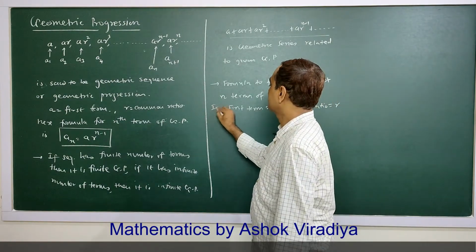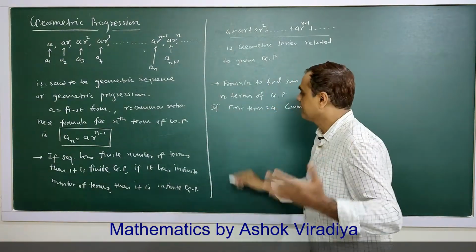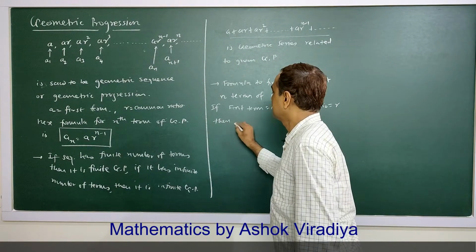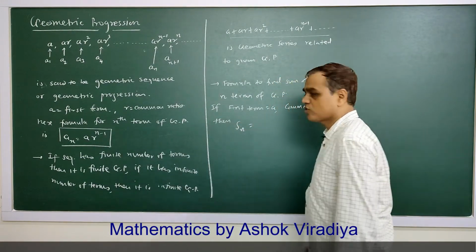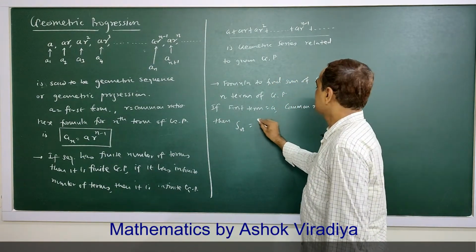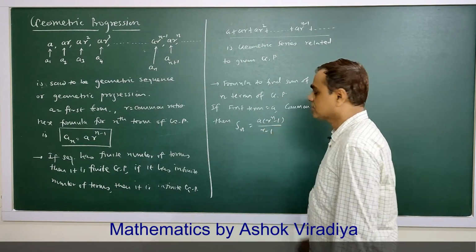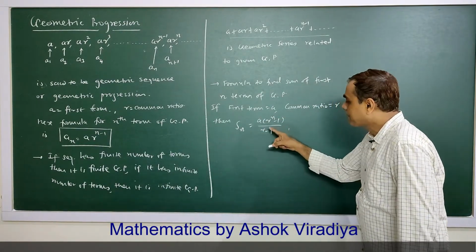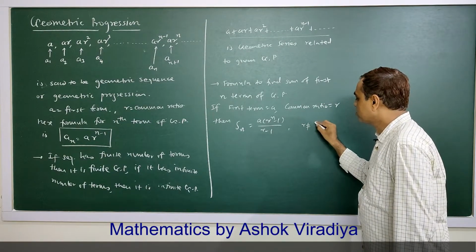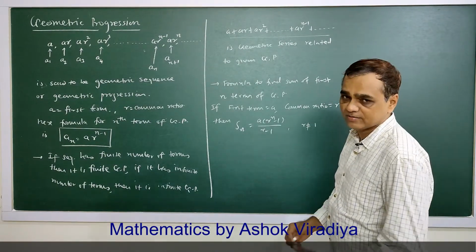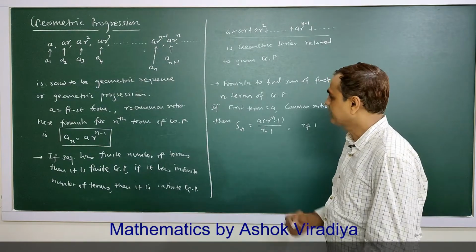So if first term is a and common ratio is r, then sum of first n terms of this GP is a into r raised to n minus 1 upon r minus 1. But when applying this result, r should not be equal to 1. Otherwise, this will not be defined.